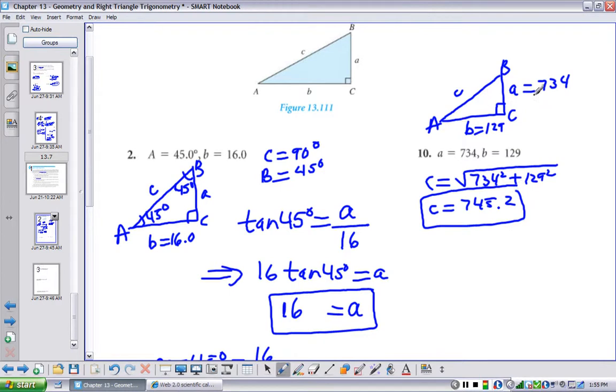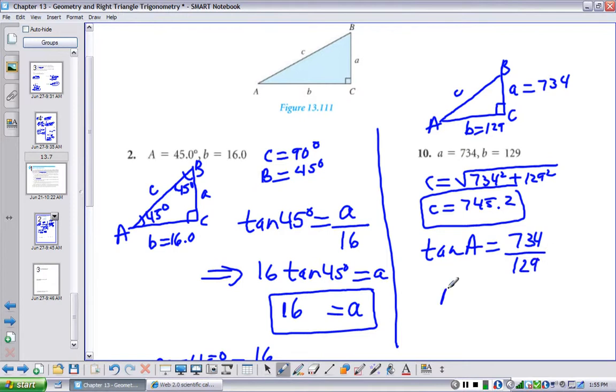And we need to find our angles, but we want to use the a and the b that were given. If I look at angle A in relationship to what I'm given originally, I have opposite over adjacent. So that's tangent. Tangent A is opposite over adjacent. So remember, you have to do the inverse tangent to get what this angle is. So A is going to be 80.0 degrees.